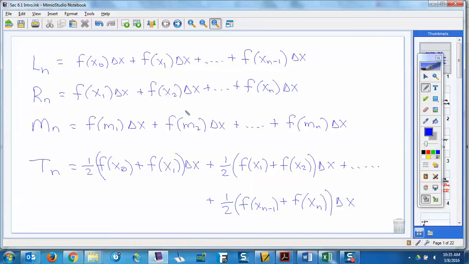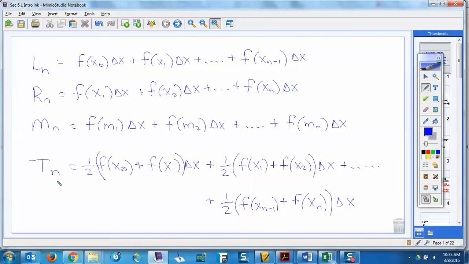All right. So this is stuff you already have in your notes, right? This is a left, a right, a midpoint, trapezoid. Now, what we're going to talk about in chapter 6 is we're going to just investigate a little deeper these approximation techniques. Left rectangles, right rectangles, midpoint rectangles, and trapezoids.